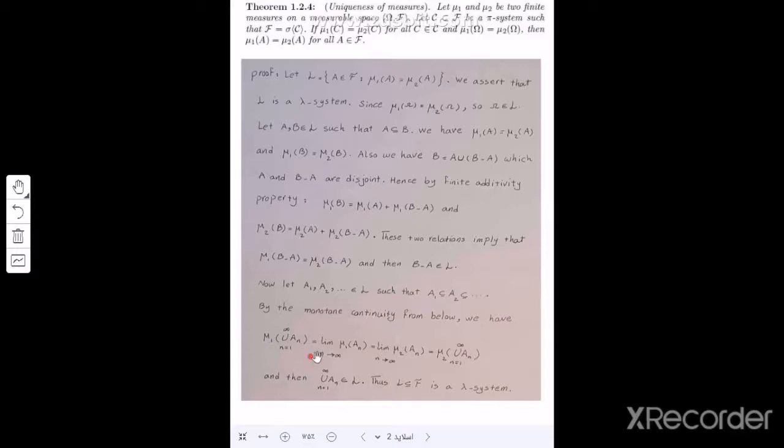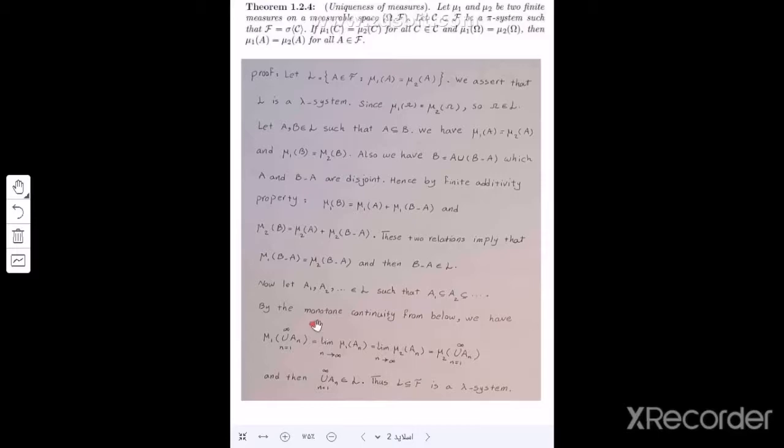We have mu1 of the union of An is equal to the limit of mu1 of An, because mu1 is a measure and has this property. And we know that mu1 of every An is equal to mu2 of every An. Why? Because every An is a member of L, and by this definition, every member of L has this property.